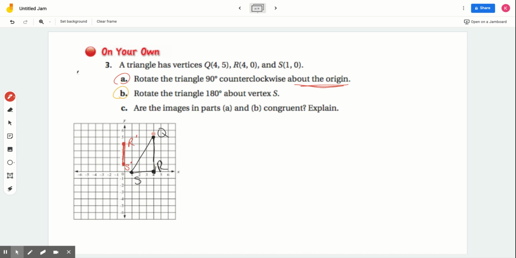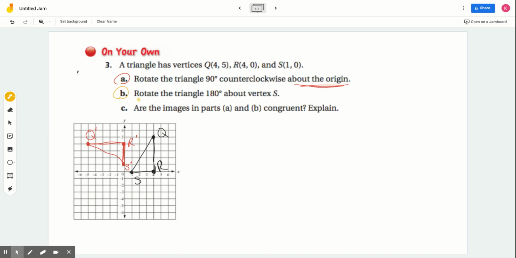Now remember, quarter turn going to the left. So starting from R, we need to be going this direction for Q. So 1, 2, 3, 4, 5 blocks to get Q prime. Now we can connect these points with our straight lines. And this will be the first image. We've rotated a quarter turn around that origin.